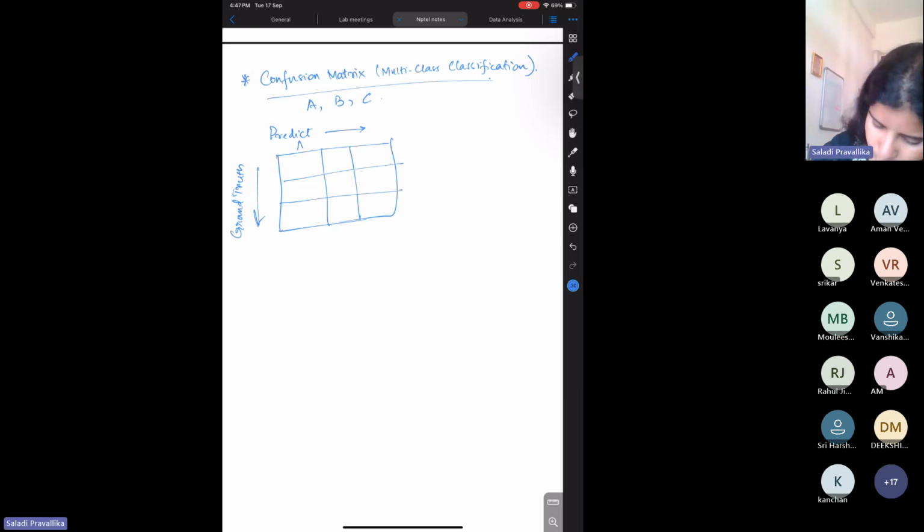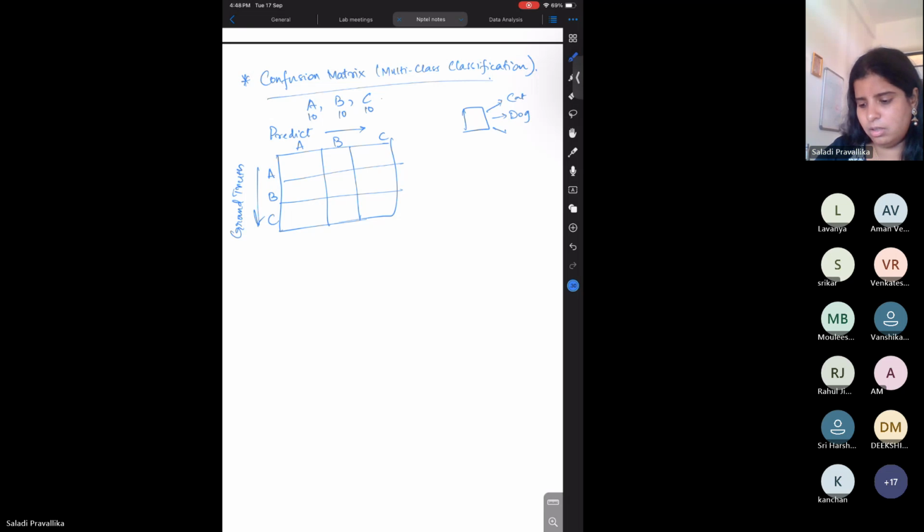So predicted A, B, C and ground truth A, B, C. Let us say I have 10 of each class, 10 different images. Let us say the images can be a cat, a dog, or any other, or a mouse.